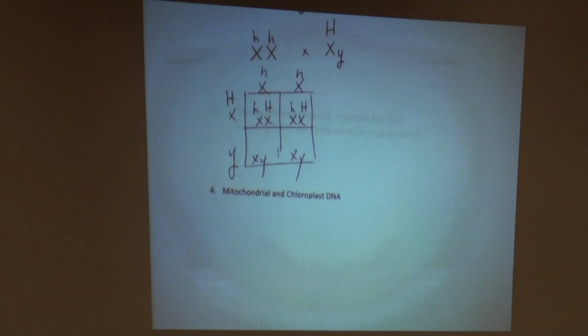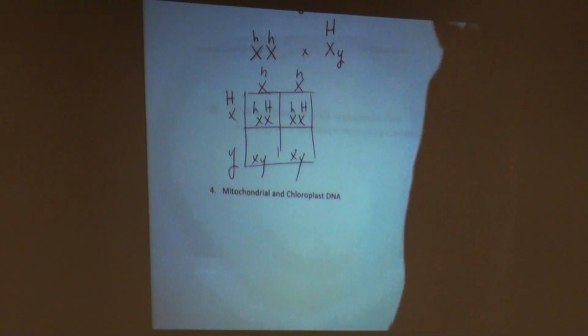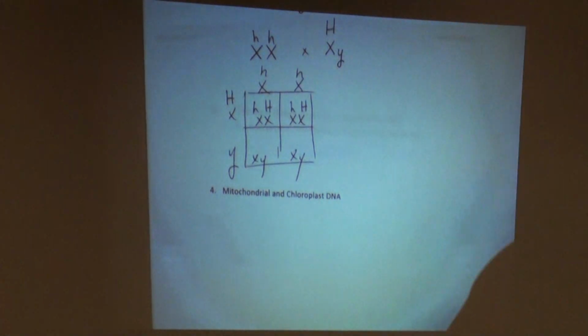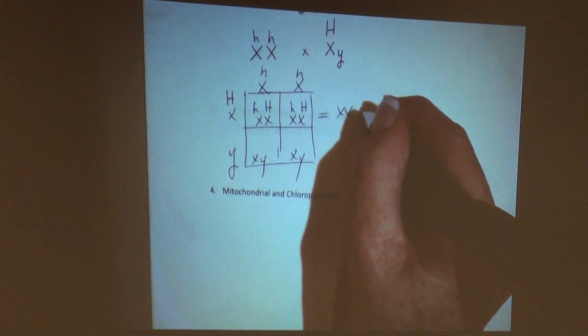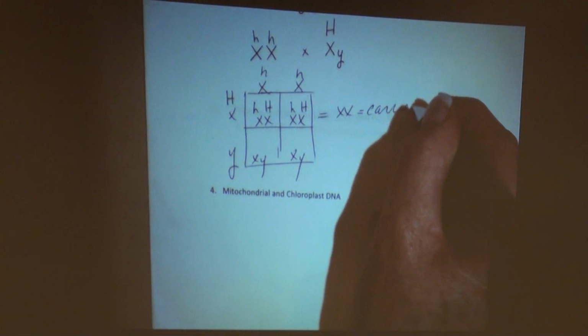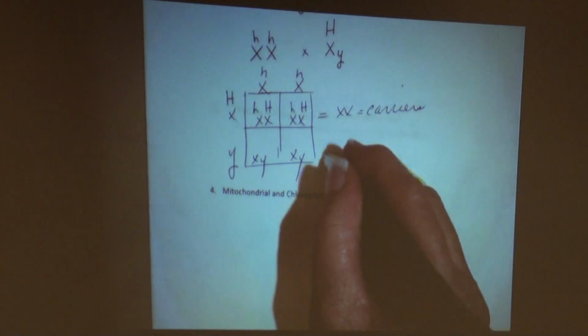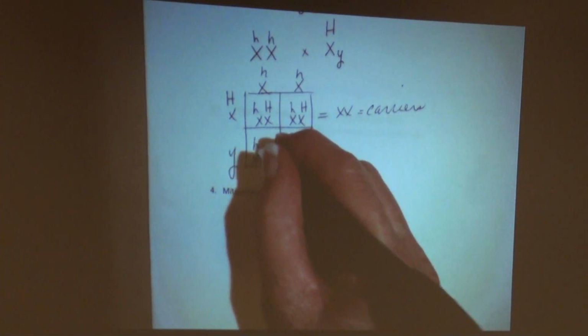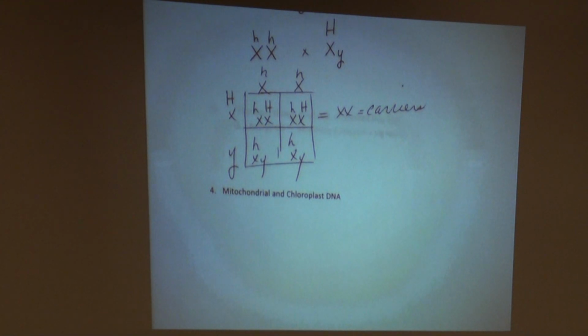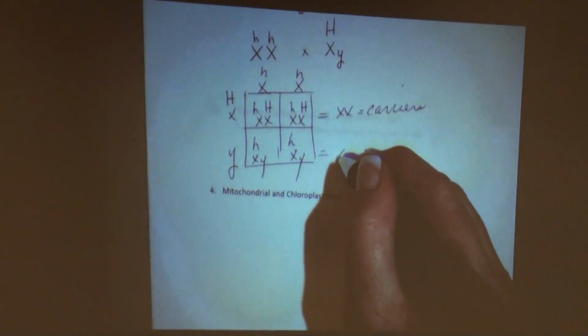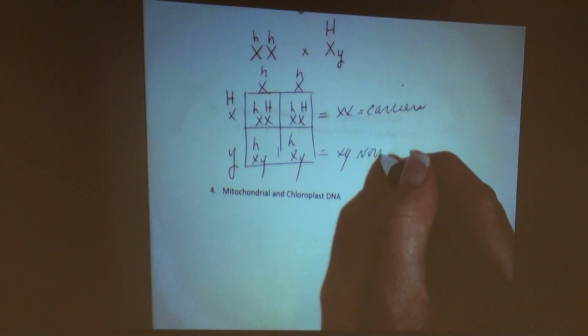Carriers. See, they don't have the disease because they have normal blood. They don't have it, so my females are carriers for it. Whereas my males, what are they going to be? Normal blood. They're going to be normal. They're going to be good. So I have 100% normal males.